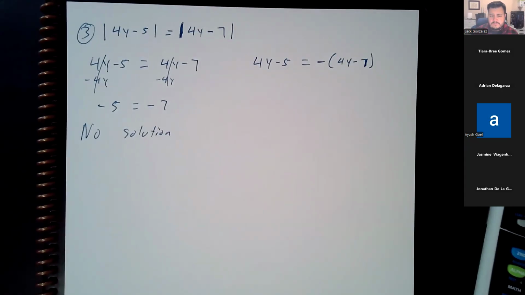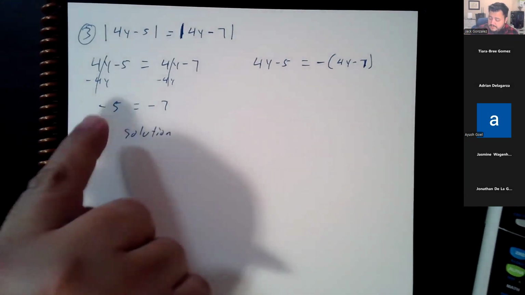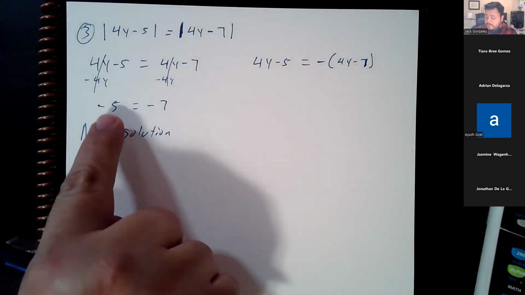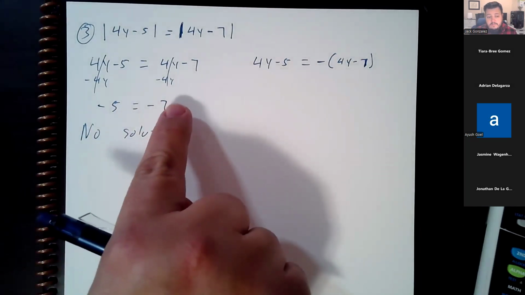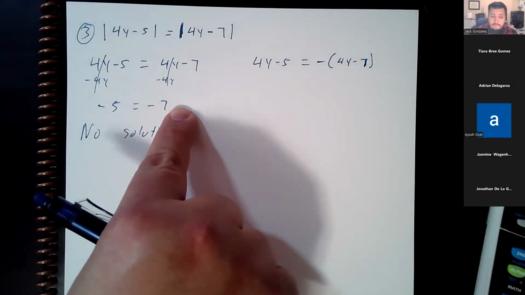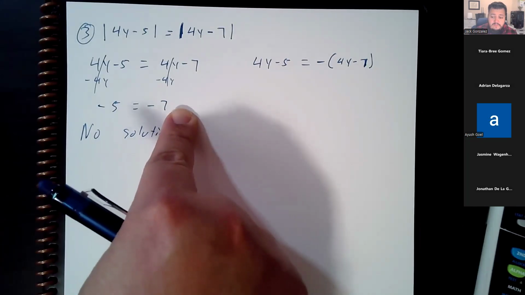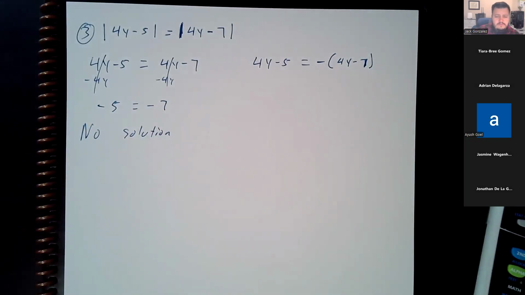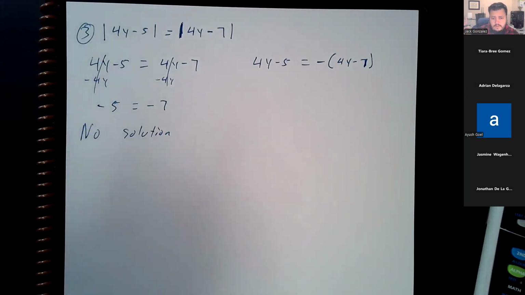So whenever you see something that just doesn't make sense, 0 equals 5 or something that's not equal to something, just false, no solution. Now, if you were to get negative 5 equals negative 5, that's very different. That would mean you have infinite solutions, but that's probably not going to happen very often. There are three scenarios, right?